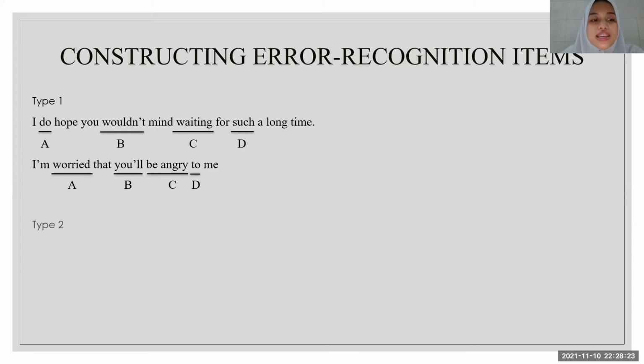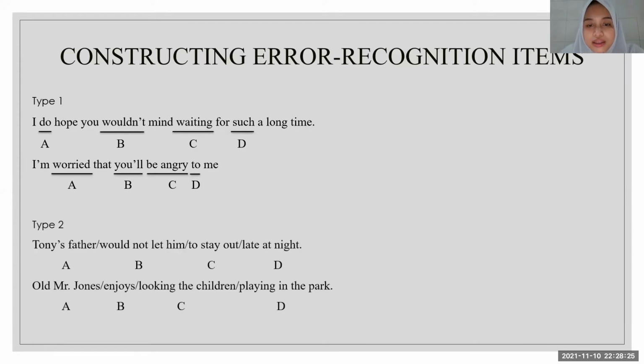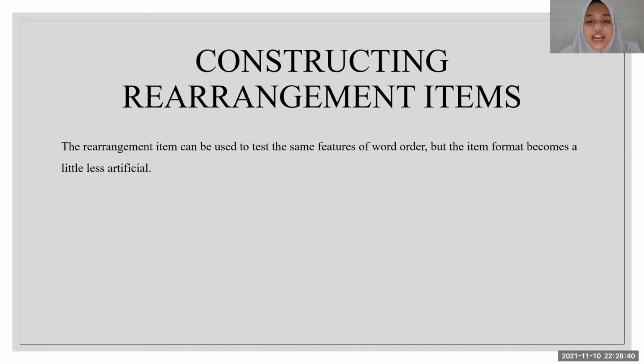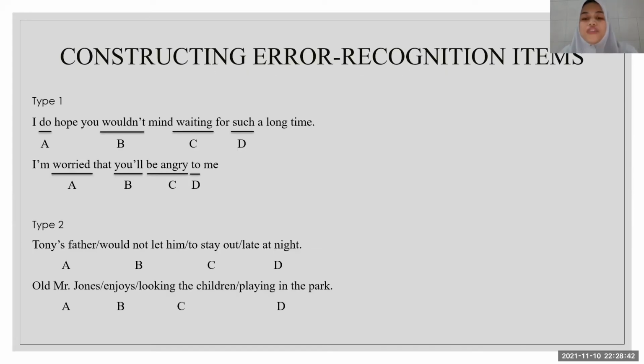And then the second type: there is a mistake in grammar in each following sentence. Write the letter of that part of the sentence in which it occurs. This type of error cannot be tested by the first item of the error recognition type.